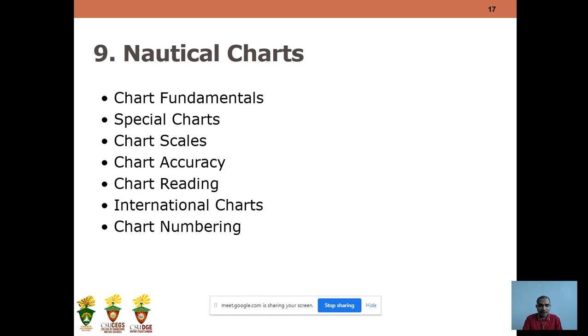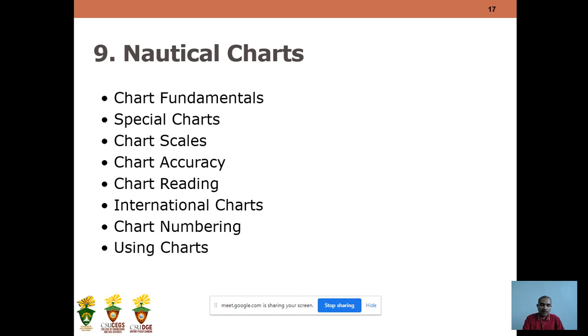Then chart numbering. If you are familiar with the Namria FB page, you will notice there is a certain notice. You will see that they use different nautical charts that are compiled or updated, as always, with a notice. Then you will see the numbering on the charts that they publish. There is a reason behind how they number them. So we will discuss that in nautical charts.